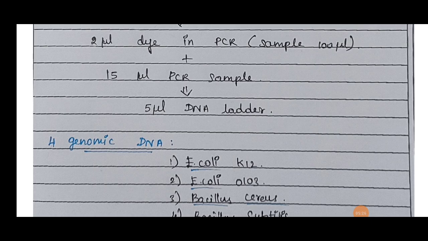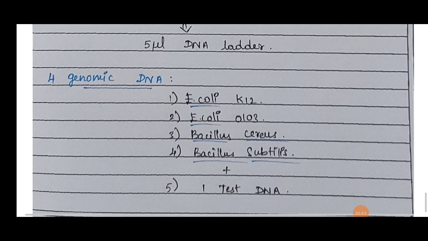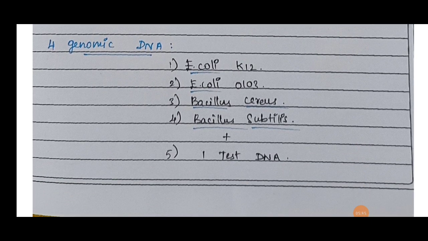By this we will check the standard DNA samples against the test sample. We will detect or conclude the result of movement by checking with the markers, that means the standard DNAs. As I told you earlier, the standard DNA genomes are E. coli K12, E. coli O103, Bacillus cereus, and Bacillus subtilis, plus one test DNA.